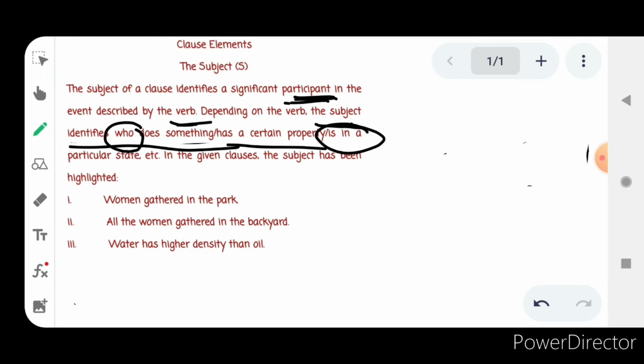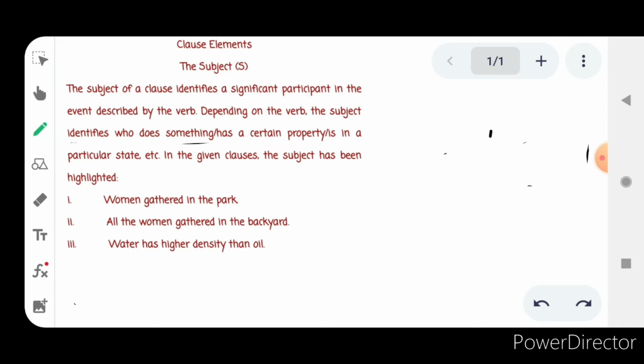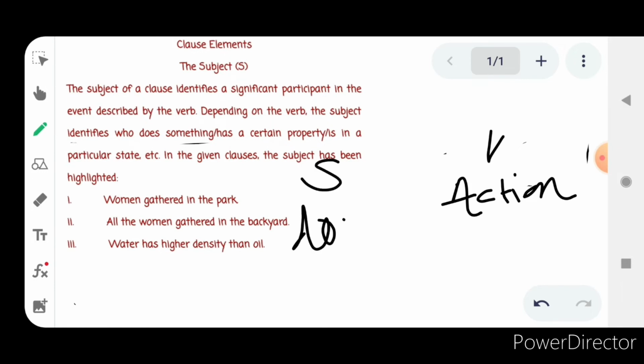This has a relation of the action, that action of the verb, with some kind of noun. The verb denotes action, whereas the subject denotes the doer.